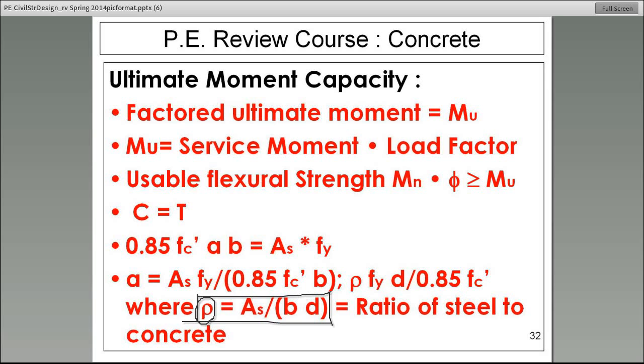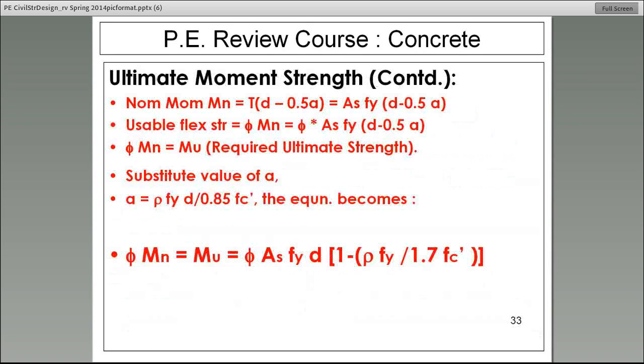It is the ratio of the amount of steel that you have in the section compared to the overall dimension of the concrete. So here, rho is equal to A sub S, the total area of steel, divided by B times D. Remember, B is the width. D, pay very close attention, D is the distance from the compression side only to where the steel is. All right?